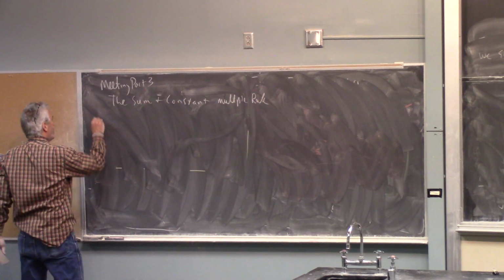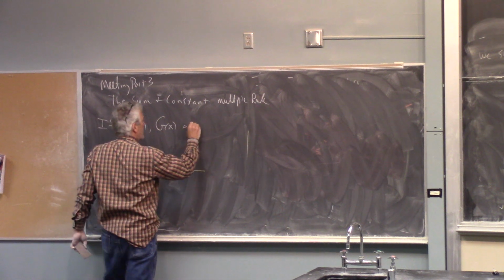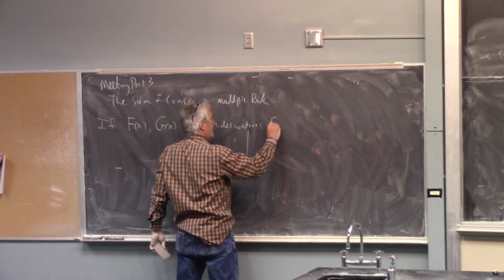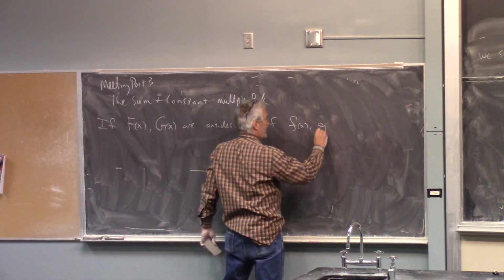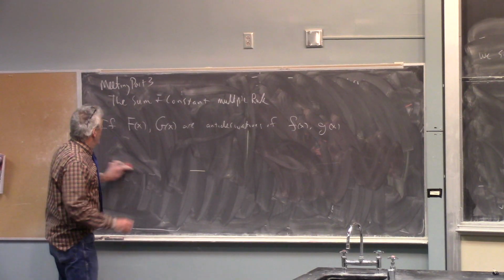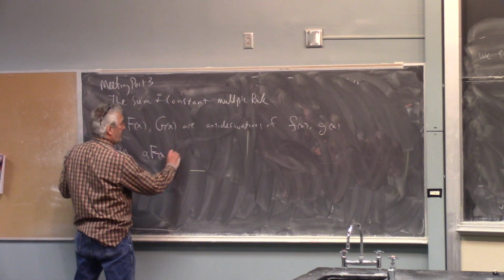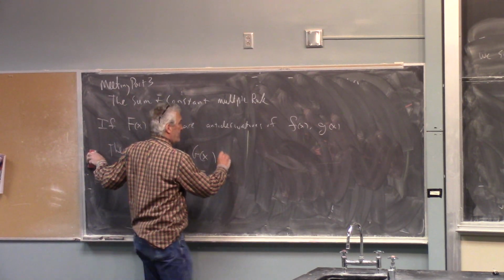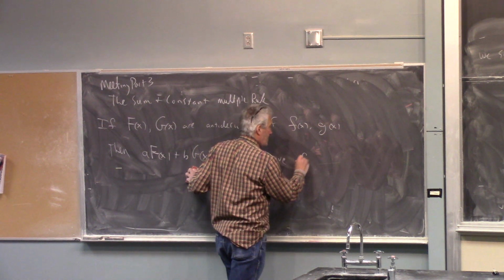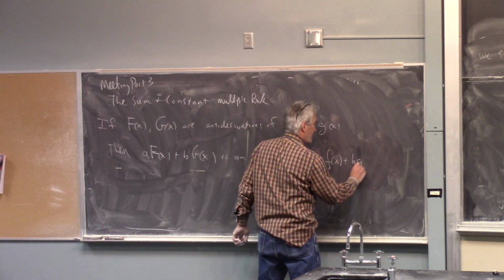This rule goes like this: if capital F of x and capital G of x are antiderivatives of little f of x and little g of x, that just means that if I take the derivative of capital F, I get little f. If I take the derivative of capital G, I get little g. Then this baby, a capital F of x plus b capital G of x, is an antiderivative of this thing. The same a times little f of x plus b times little g of x.